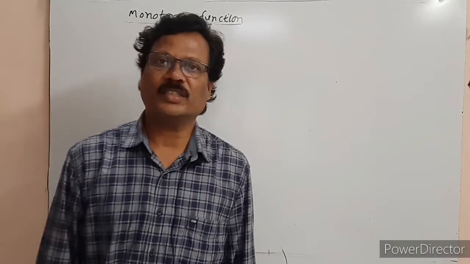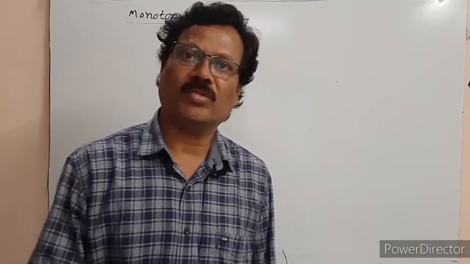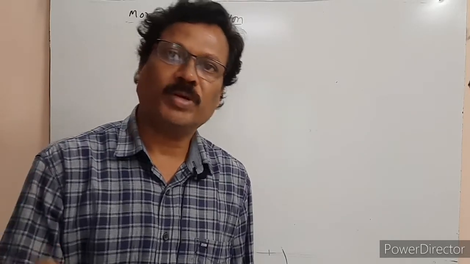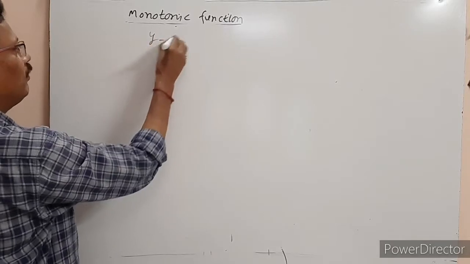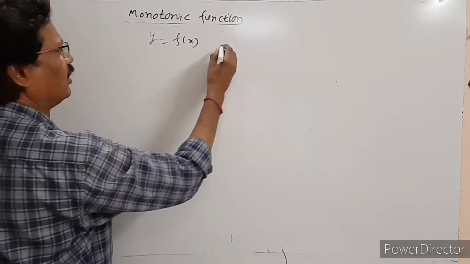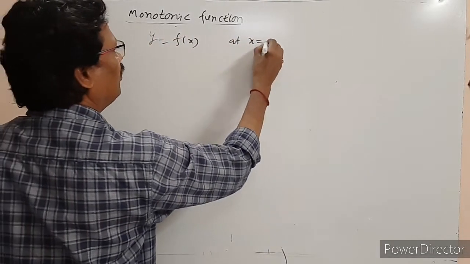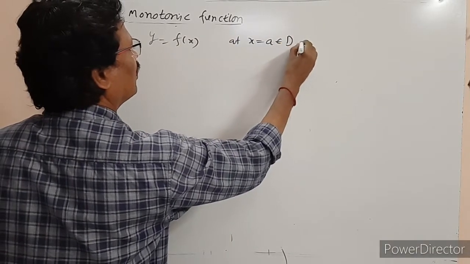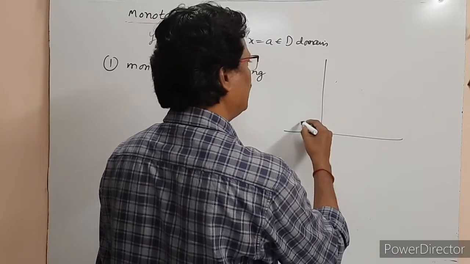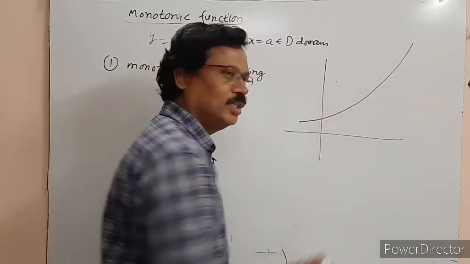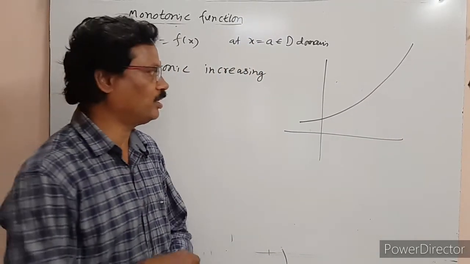Now next let us see the monotonic increasing, monotonic decreasing at a particular point x equal to a in the domain. Now y is equal to f(x), that at x equal to a belongs to the domain. Graph we are writing like this. This is a graph, it is monotonically increasing. Strictly increasing called monotonic.